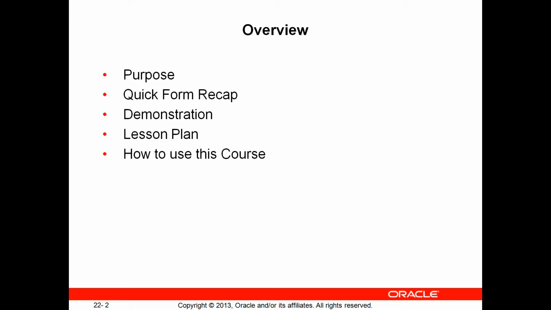We'll look at right now the purpose of this course, a quick recap on forms that you need to know about in order to pursue this course, a demonstration of the final example that we will be building around an individual income tax form, show you the lesson plan, the different lessons and what we're going to try to achieve in each lesson, and how to use this course. And that's what we're going to try to go through.